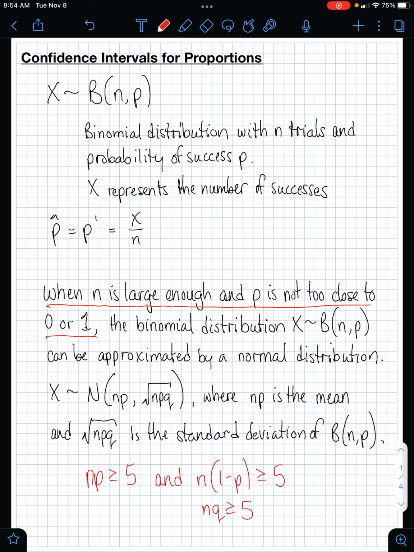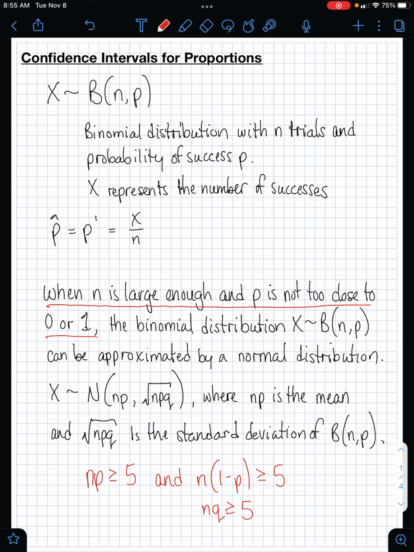The idea is that if we have a very small sample size, n, like if n is only 7, then we're going to have a very hard time making sure that our n times p product is bigger than 5 at the same time that our n times q product is bigger than 5. So what we need is a fairly large n value.